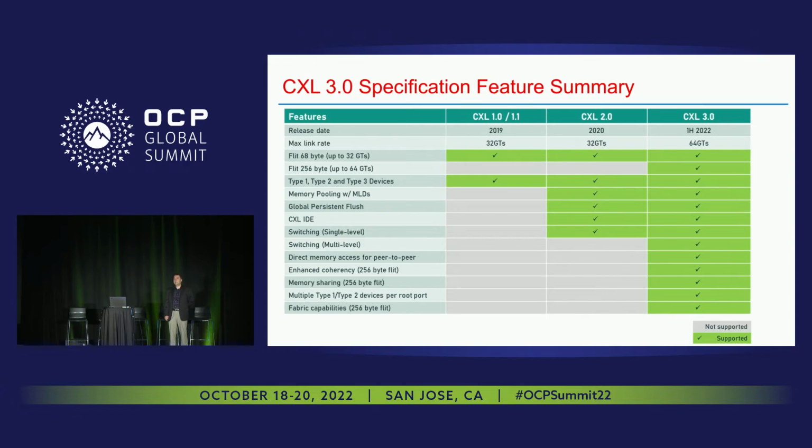It uses CXL.cache protocol. And a device that can do both of those is a type 2 device. It's very likely that accelerators would like to have local memory and would like to be able to initiate cycles to touch CPU memory or device memory somewhere else. That would be a type 2 device.